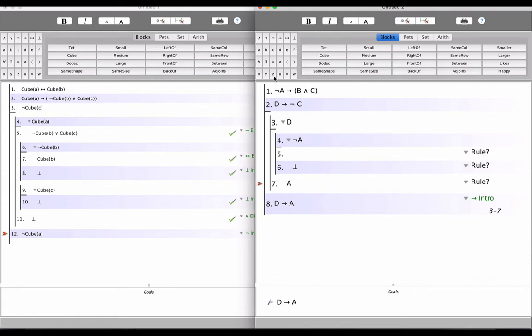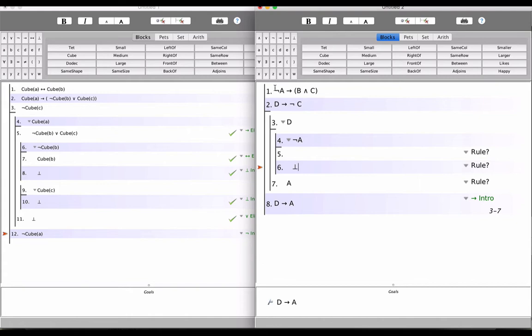Now, technically, we introduce a second negation, and then from that, we eliminate the two negations. You probably already know from your experience in Fitch, however, that you can move from the contradiction to the affirmed sentence A. Fitch allows you to do that.